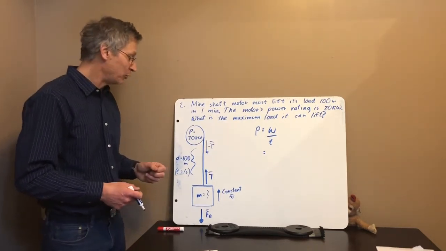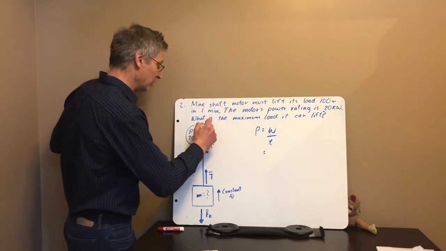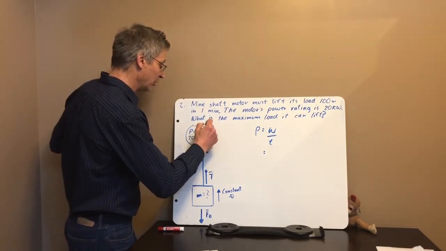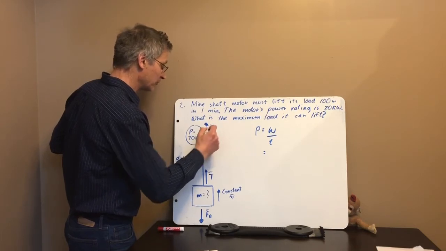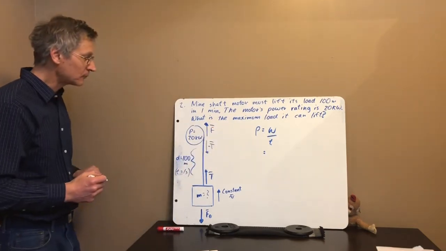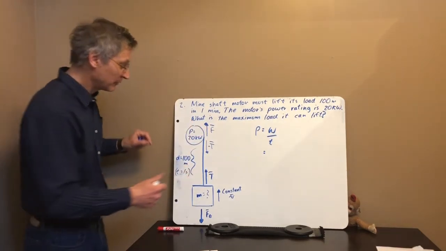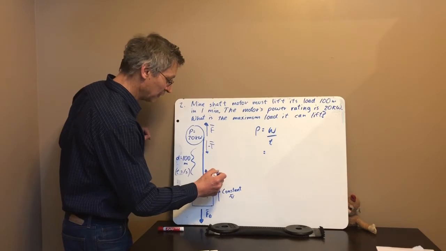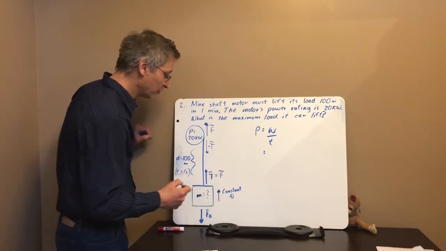If the rope pulls on the motor with this force, the motor is going to pull on the rope with the same force but opposite in direction. So basically, the force that the motor is exerting, well, it's the same as the tension in the rope.